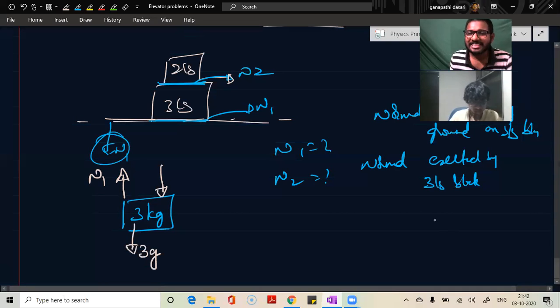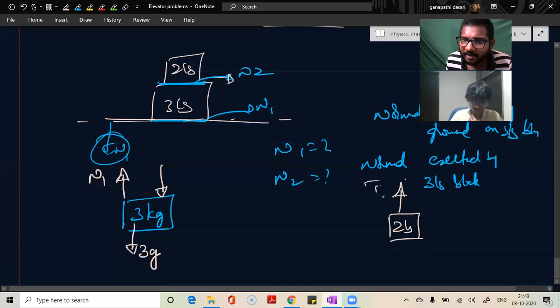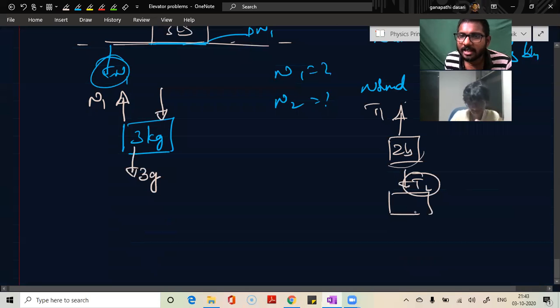Like tension, what did it do? T1 is pulling this 2 kg block upwards, and T2 is also pulling this 2 kg block downwards. Tension is only pulling. Similarly, suppose a 1 kg block is there: this T2 is pulling the 2 kg block downwards and pulling the 1 kg block upwards.